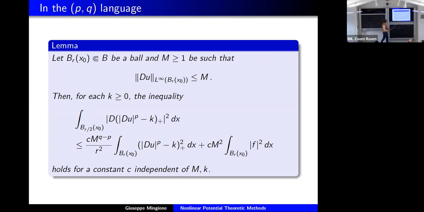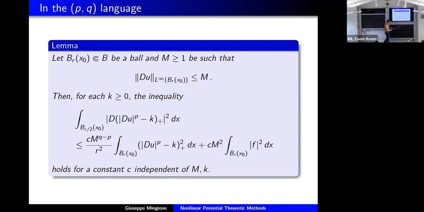So you see, if Q is equal to P, if you carefully look at the history of regularity theory, what you prove is that |Du|^p is a subsolution of a linear elliptic equation. So it satisfies the Caccioppoli inequality, and that was it. But now we have this guy here.